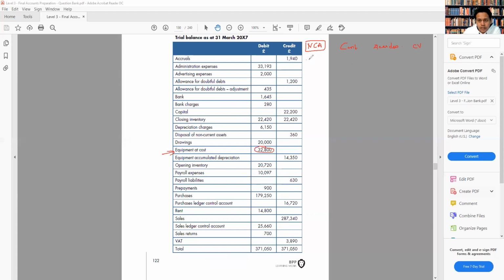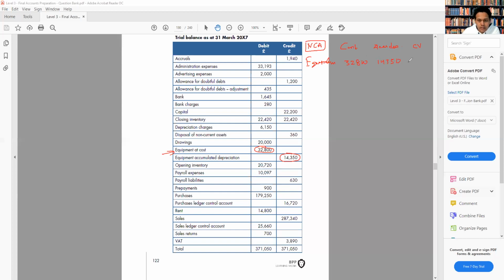Equipment 32,800, and the accumulated depreciation for that is 14,350. So from cost, if I minus the accumulated depreciation, the remaining value is called carrying value.